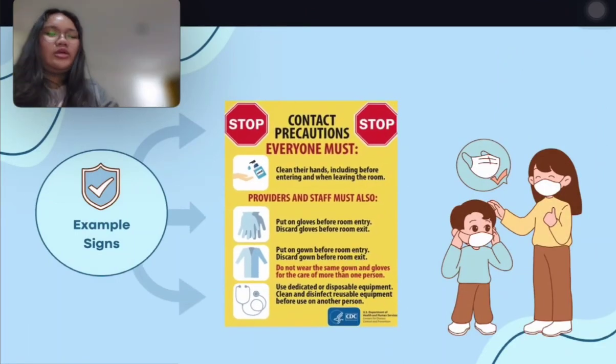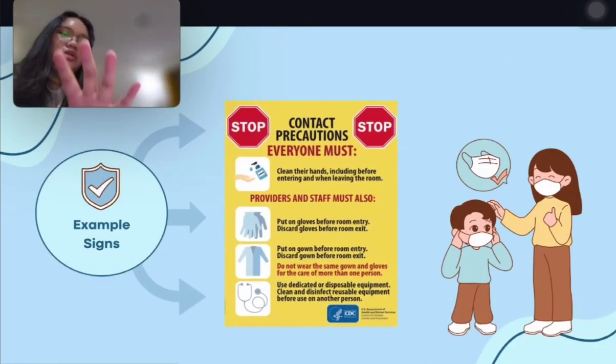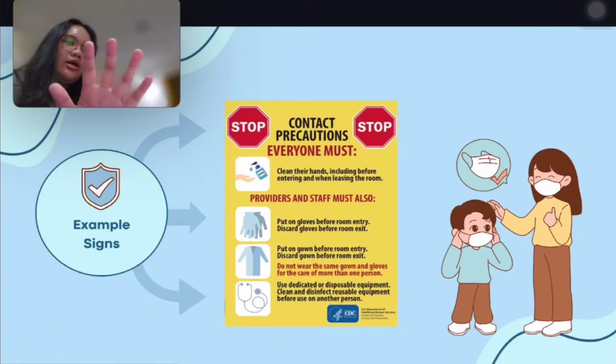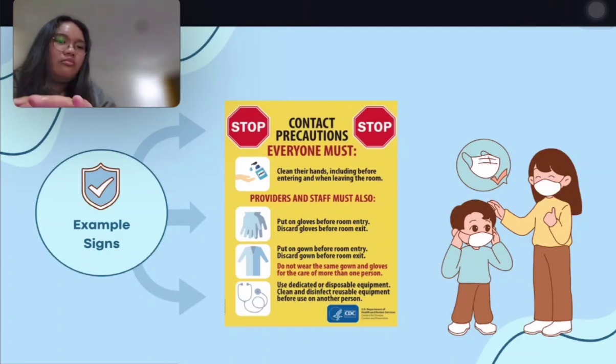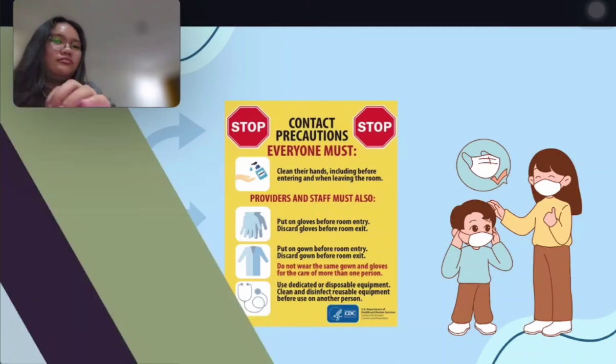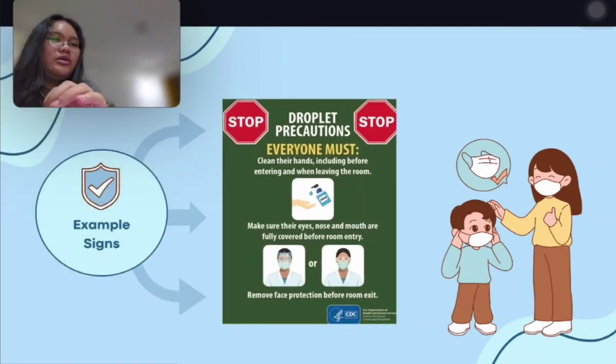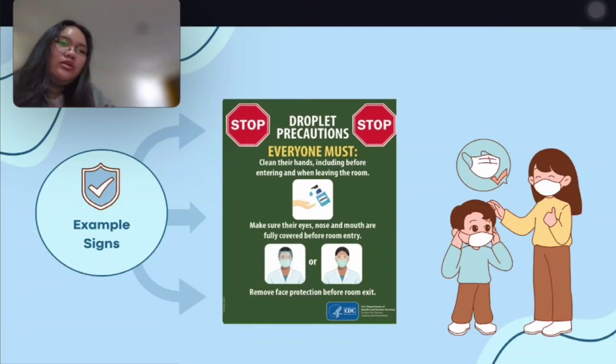Next we have some example signs of the contact precautions. Here we have hand hygiene, using PPE, and also using dedicated equipment and disinfecting it after every use. Next, we have the example sign for droplet precautions.